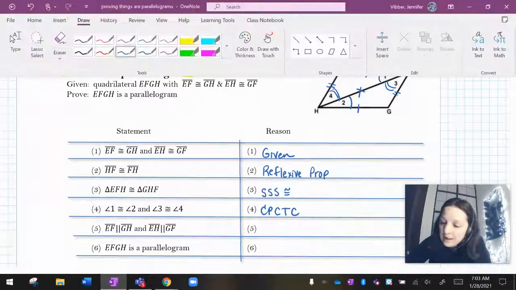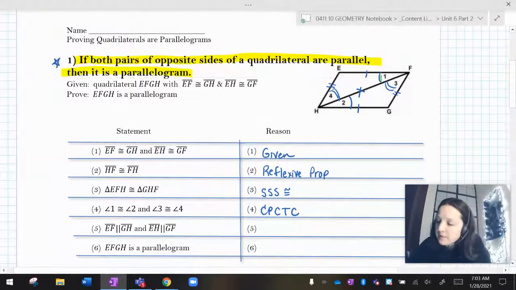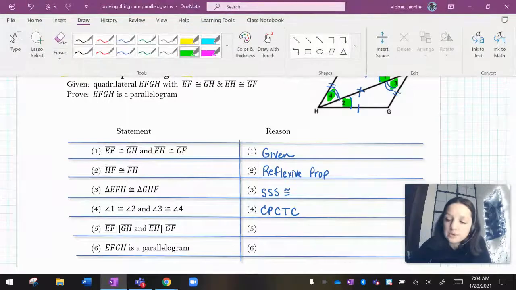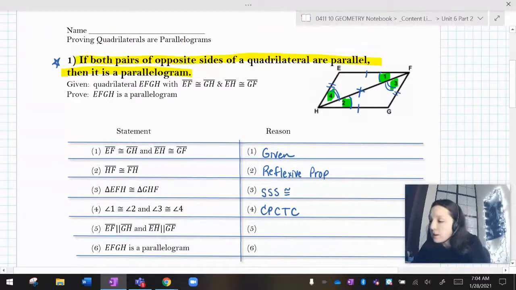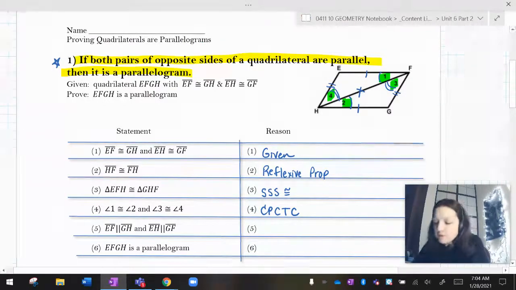And then I can say, wait a second, if 1 equals 2, those are alternate interiors, which would make EF parallel to GH. And if 3 equals 4, that's another pair of alternate interiors, which would make EH parallel to FG.